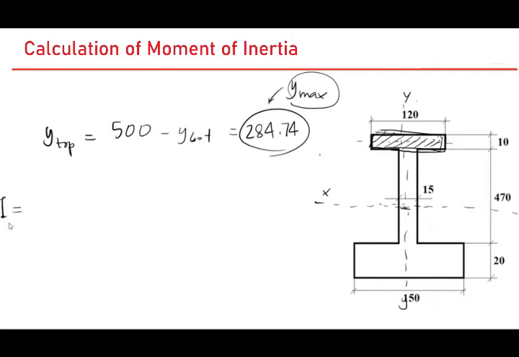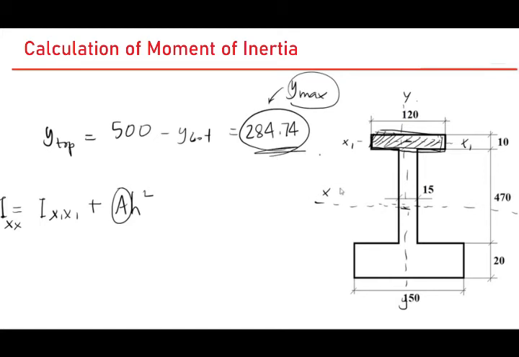For that, suppose you have Ixx will be equal to what? Let's call this x1 x1 for this element. So it will be I x1 x1 plus A h square. A is the area of the small region, and h is the distance between the centroid of the small area and the centroid of the entire cross section, which we just found a few moments ago.